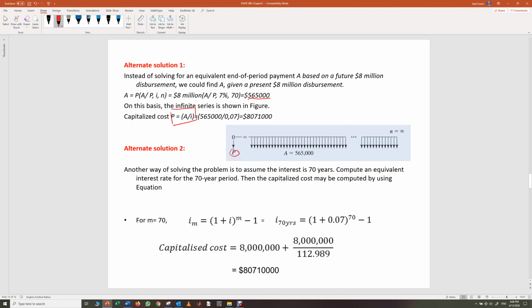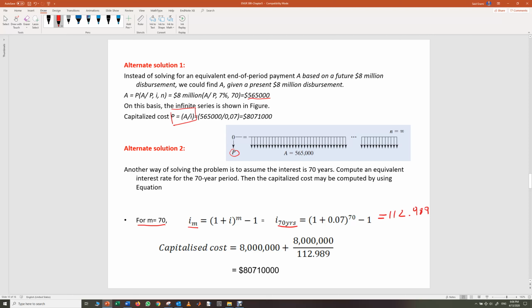So for N equal to 70 years, the interest rate will be (1 plus i) to the power of N minus 1. So the interest rate for 70 years is (1 plus 0.07), where 0.07 is the interest rate per year, to the power of 70, minus 1. So we get 112.989. This is the interest rate for the total 70 years.